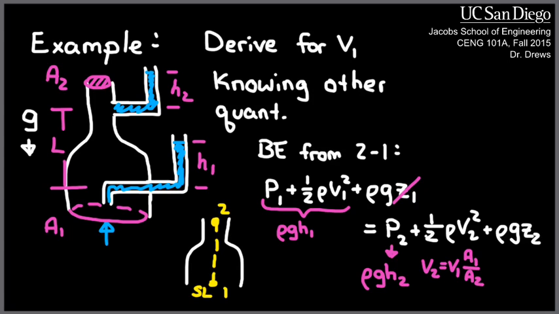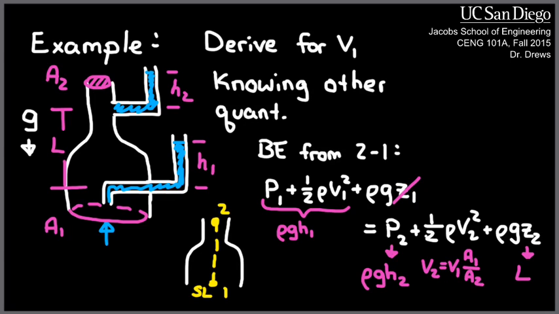We oriented L here. We started it at the center line of our stagnation probe, and it extends up to our static probe. So we know what Z2 is, that's L. So now we can solve.